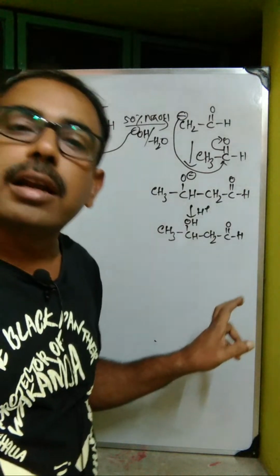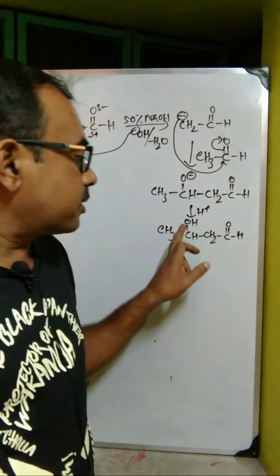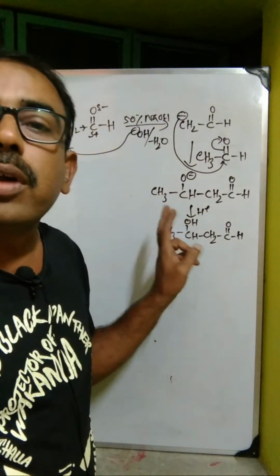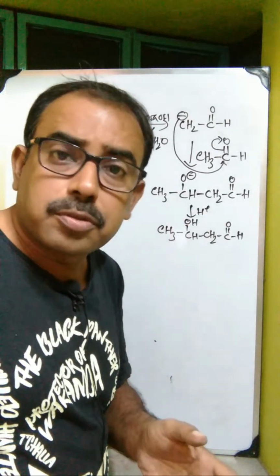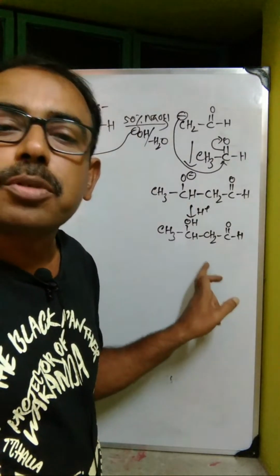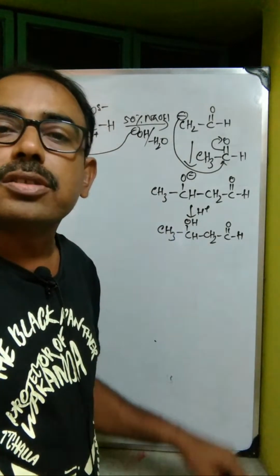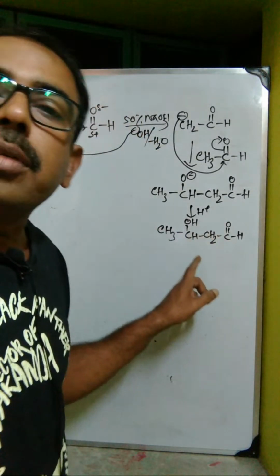Why is this called the aldol product? Because this portion is the aldehyde part and this is the alcoholic part. So ald comes from aldehyde and ol comes from alcohol, ald plus ol, making it aldol. This product is called the aldol product, the reaction is called the aldol reaction, and a beta hydroxy compound is formed.